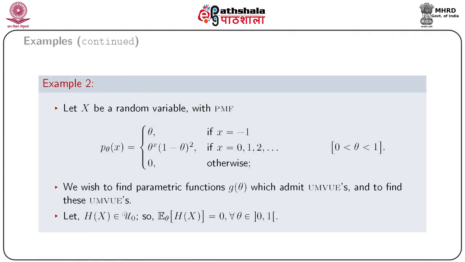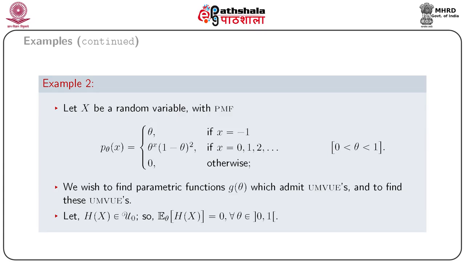Next, we consider another example. Example 2. Let X be a random variable with PMF f_θ(x) = θ if x = −1, and (1 − θ)² θ^x if x = 0, 1, 2, ..., where 0 < θ < 1. θ is unknown.